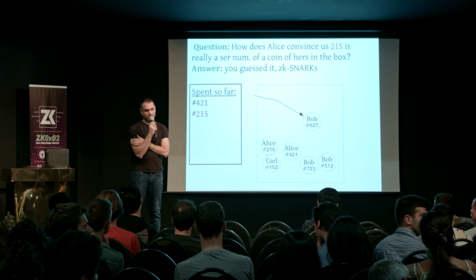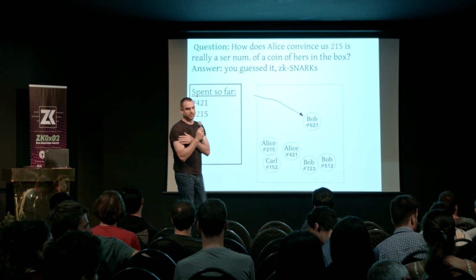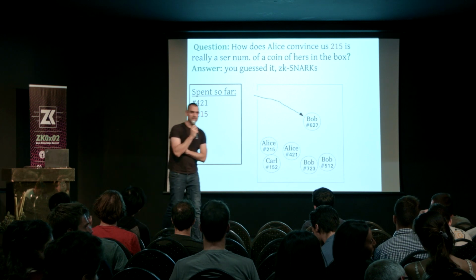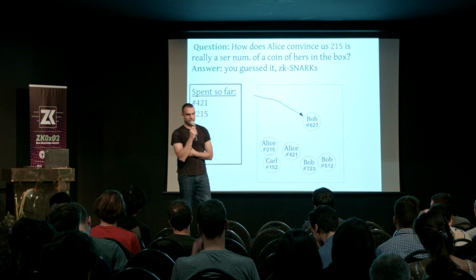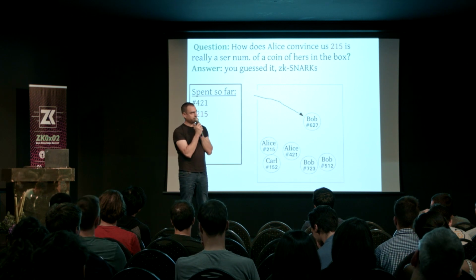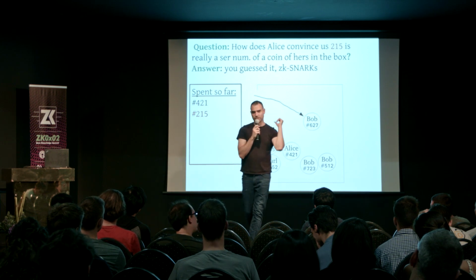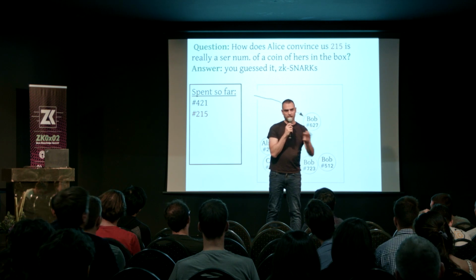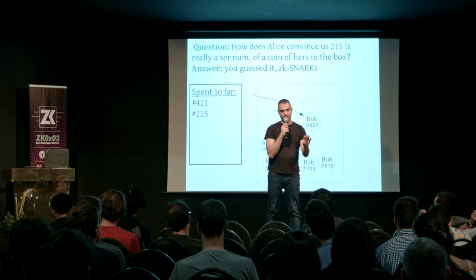Hi there. Going back to that example when Alice is sending a zero-knowledge proof that she owns a coin that is part of the Merkle tree, how does she create Bob's coin if she doesn't know what the nullifier is because she doesn't know the secrets? So the nullifier, or what I called your serial number, is a hash of the coin that Alice does know and Bob's secret key.